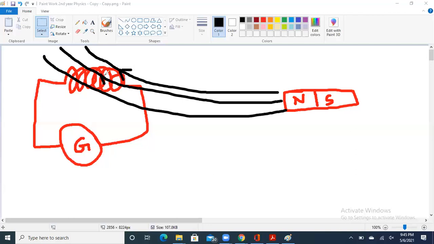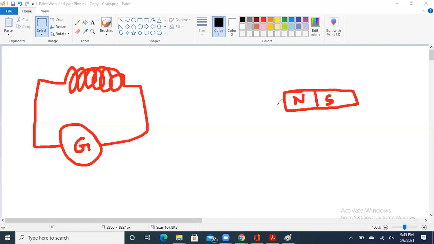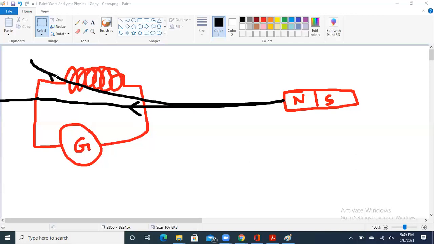So you can understand that the magnetic field from the middle is moving straight, but from upwards it is moving in this direction, and so on.